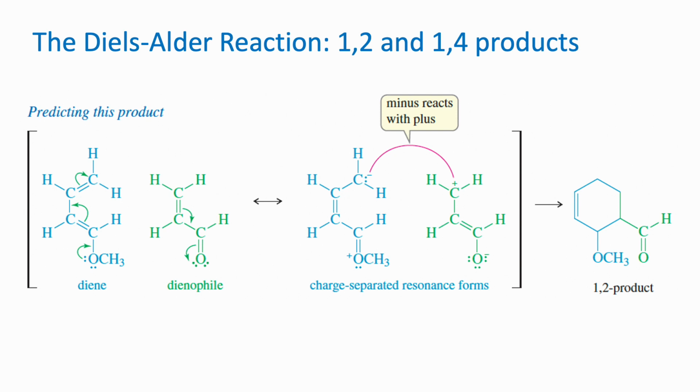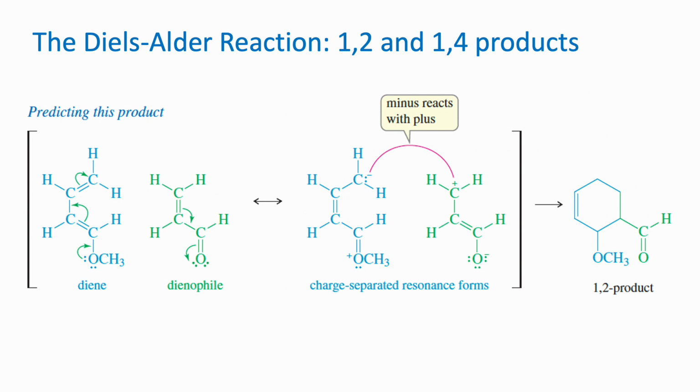The carbon on the end of the diene will become an anion, just like it did in the previous example. If we focus on the resonance of our dienophile, we've got the same structure, so we're still going to generate that same carbocation that we generated in the last example. So really, this looks exactly the same. The only difference here is where that donor group is.